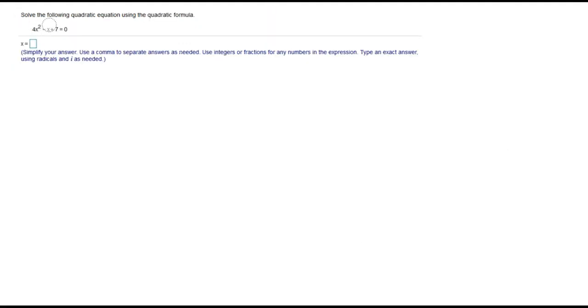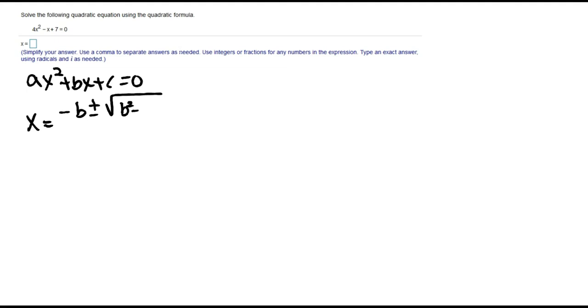This question says, solve the following quadratic equation using the quadratic formula. 4x squared minus x plus 7 equals 0. Our quadratic formula, we have ax squared plus bx plus c equals 0. The solutions to that quadratic equation are negative b plus or minus the square root of b squared minus 4ac all over 2a.